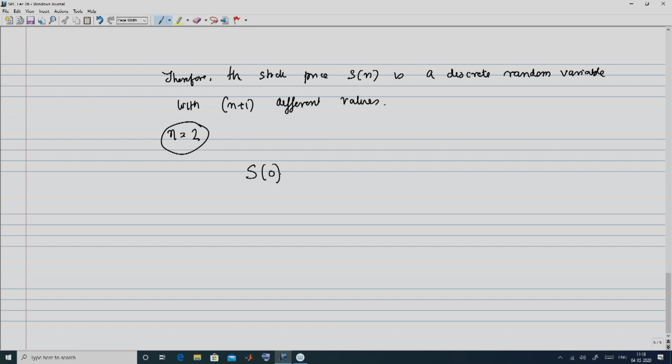Suppose that we start off with S naught. According to the binomial model, we can go up to S naught into 1 plus u with probability p, or go down to S naught into 1 plus d with probability 1 minus p.